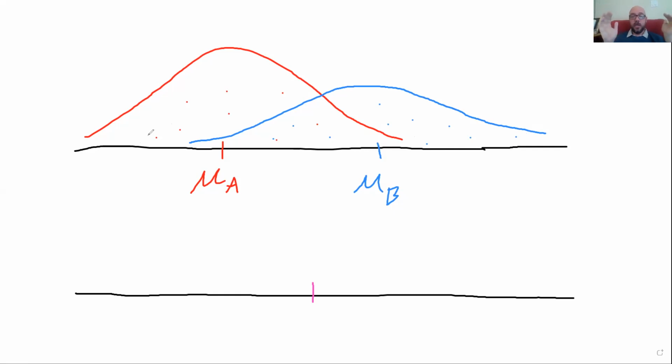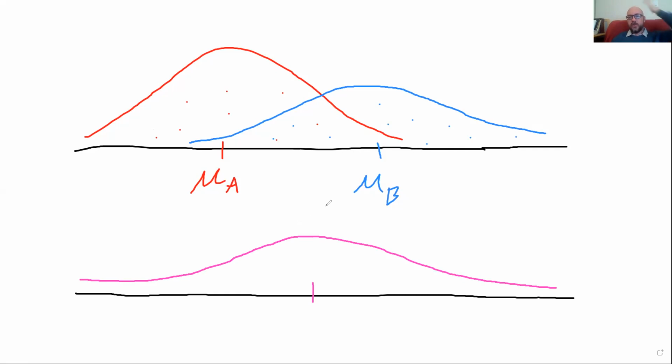The set of all the differences is more spread out than either of the distributions individually. So what you get is this shorter, more spread out normal distribution that's not as high at the peak.